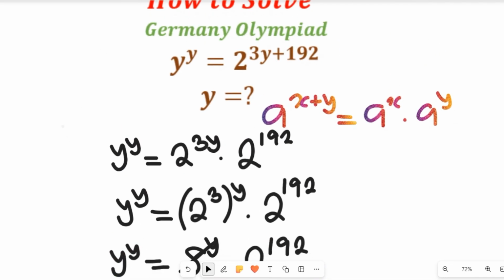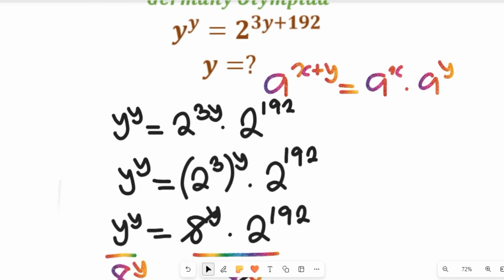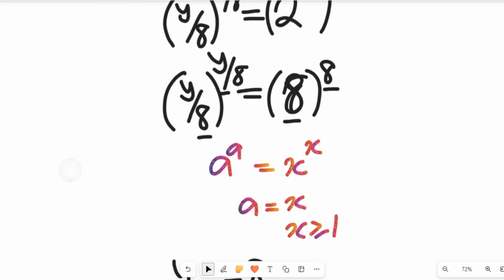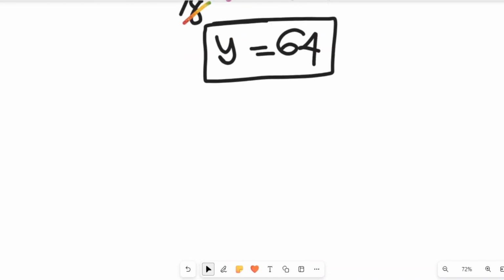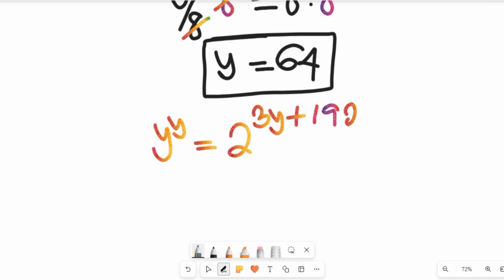Now we want to check if the solution is absolutely correct. At y equal to 64, let's insert it into the original equation given to us. The initial equation is y to the power of y equal to 2 to the power of 3y plus 192.